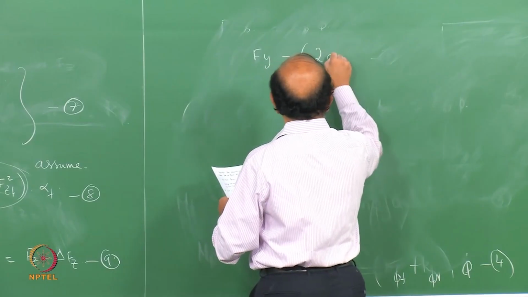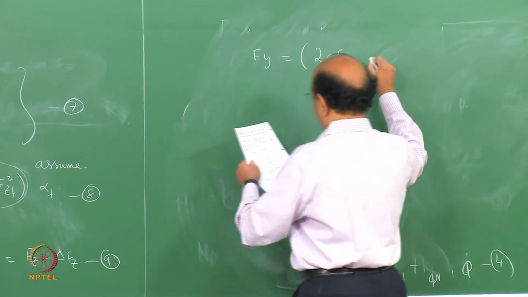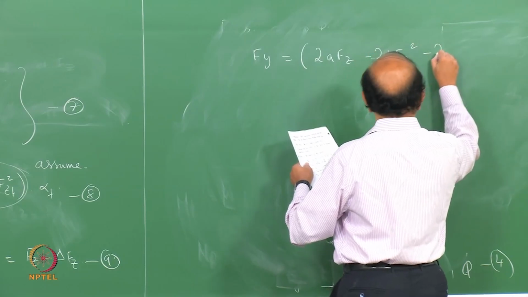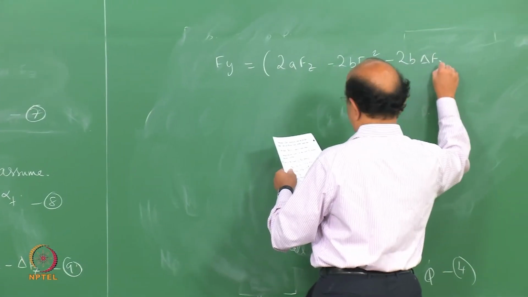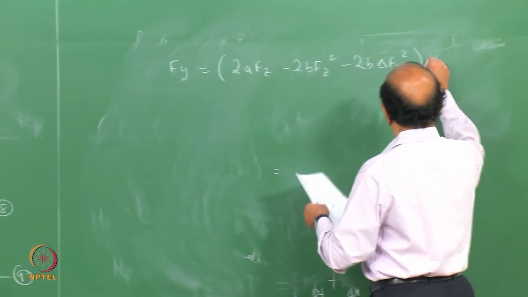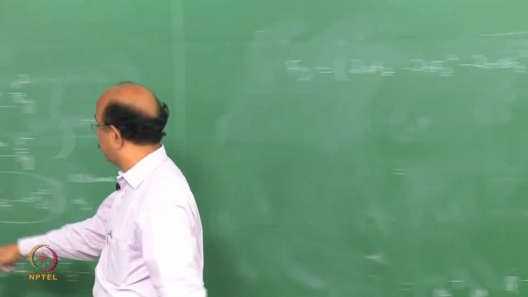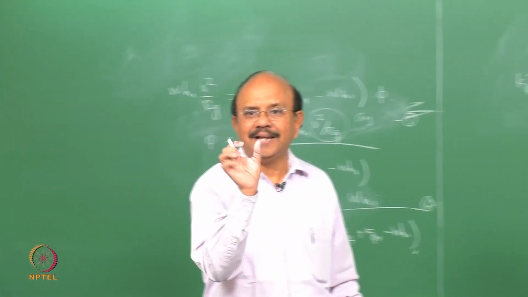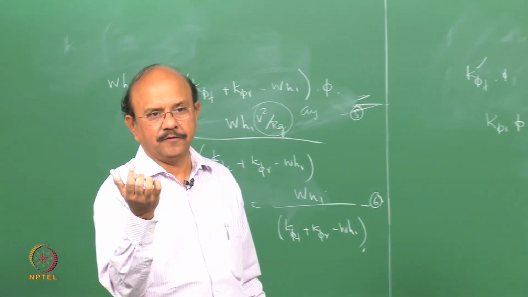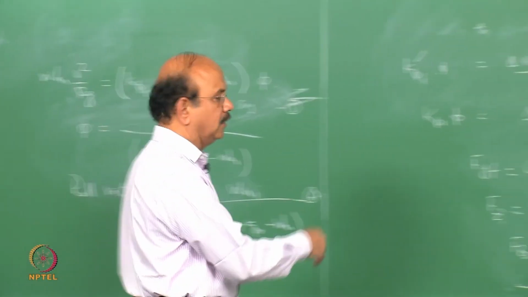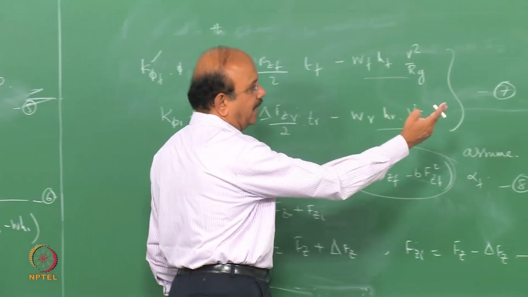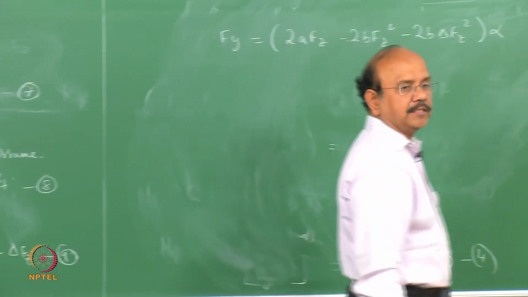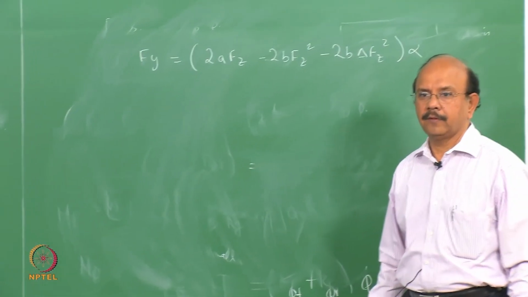So you will get 2a Fz minus 2b Fz squared minus 2b delta Fz squared into alpha. Remember, what is delta Fz? It is delta Fz outer minus delta Fz inner divided by 2. So that's what we had there, half of it. So Fy is now given by this expression.